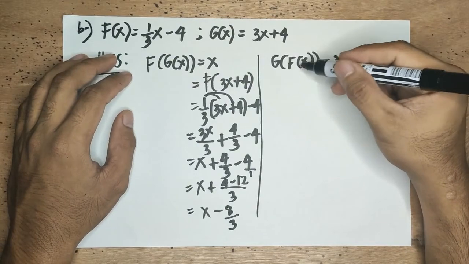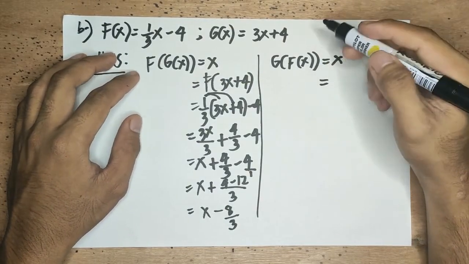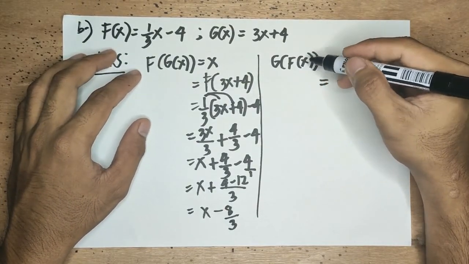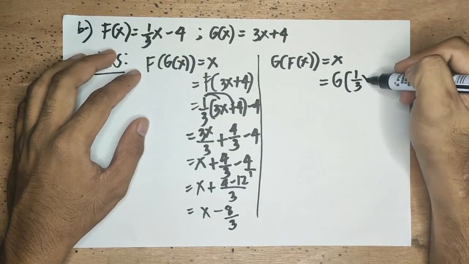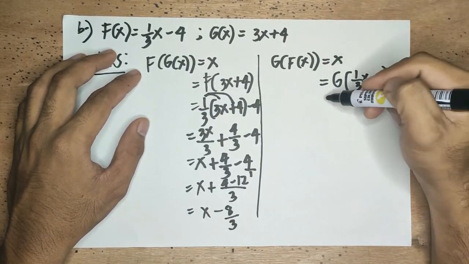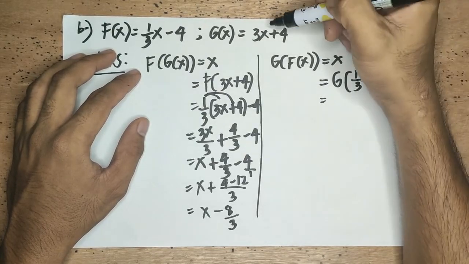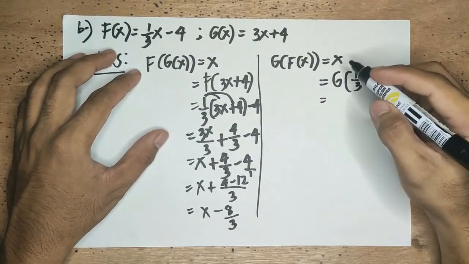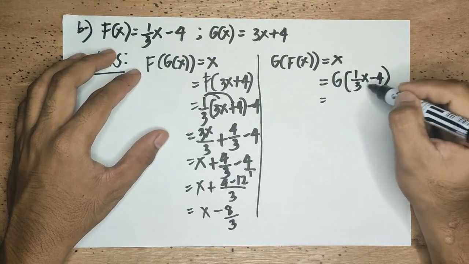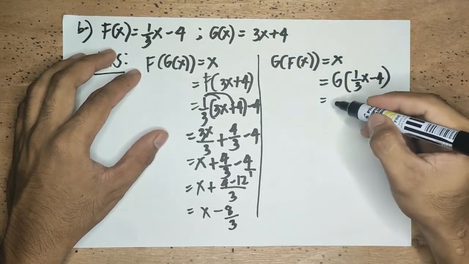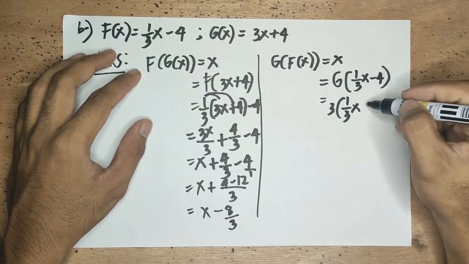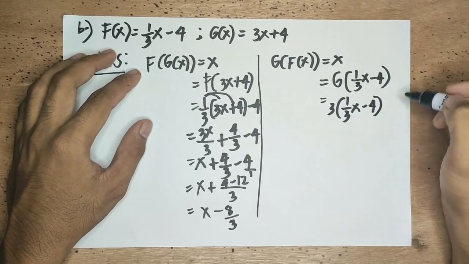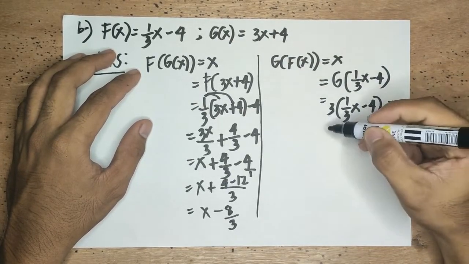So, similarly, here, g of f of x can be written as g of 1/3 x minus 4. So, ito ngayon yung isa-substitute natin sa x ni G. So, doing so, substituting this value here, we have 3 times 1/3 x minus 4, and then plus 4.